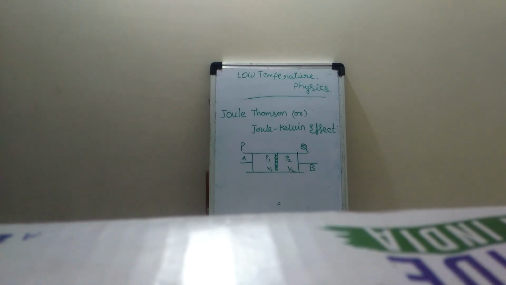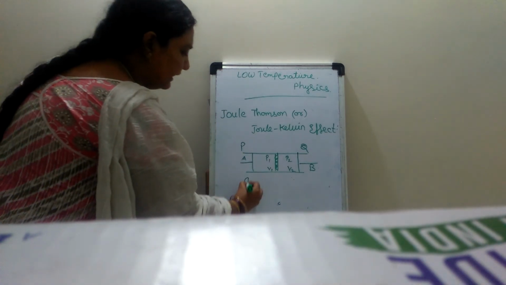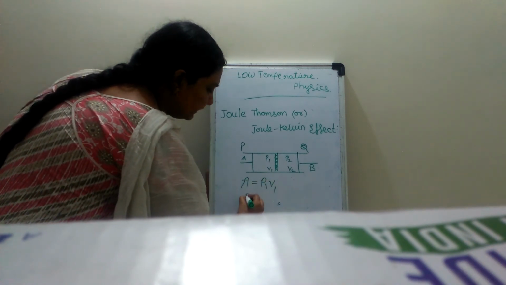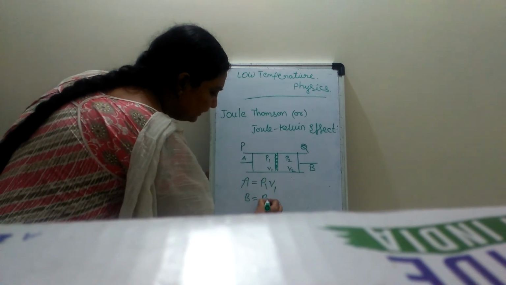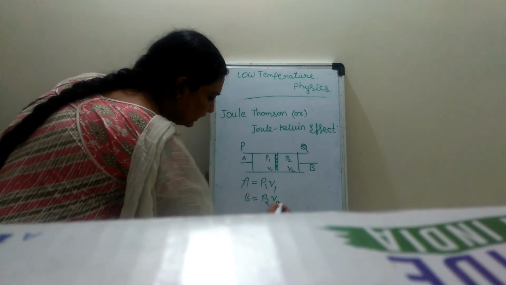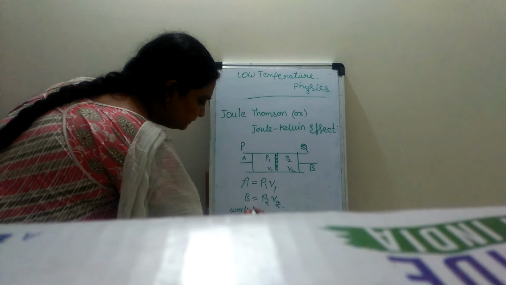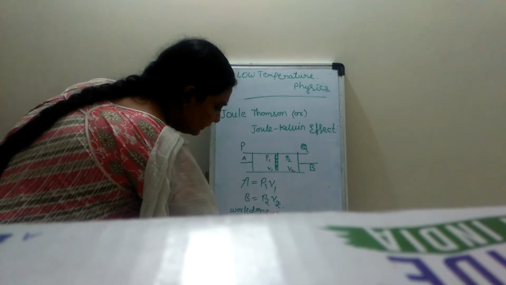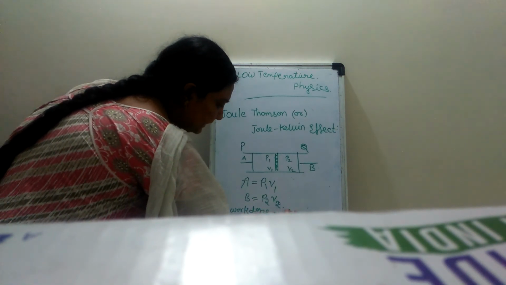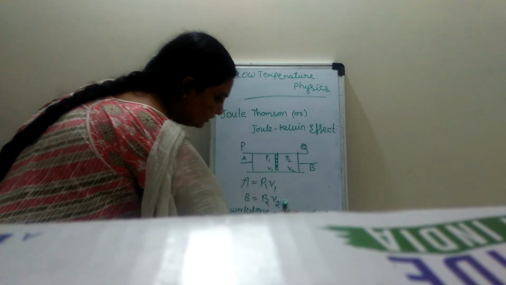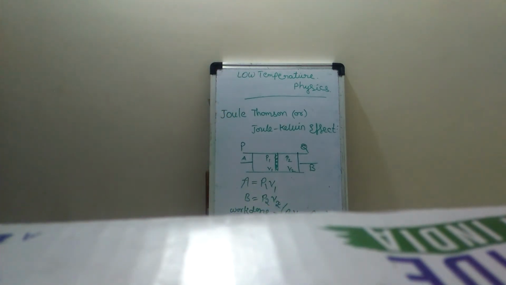Therefore, the net work done is P2 V2 minus P1 V1.